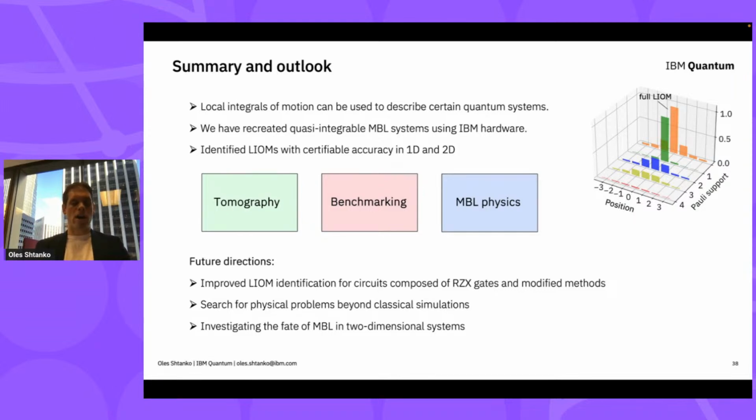We can also try to target our experiments such that they become more challenging for classical simulations. With few improvements in coherence times and system sizes, we can get into a regime which is very, very hard to simulate classically, and where we can finally and without question beat classical algorithms. And finally, we think that this is a good direction to study many-body localization in 2 dimensions.